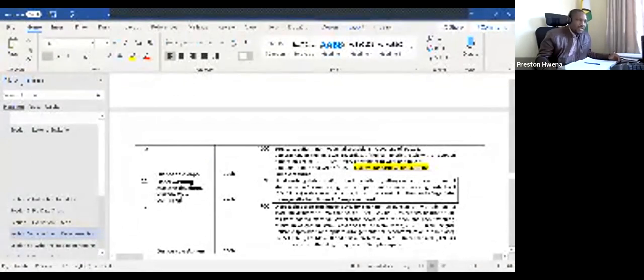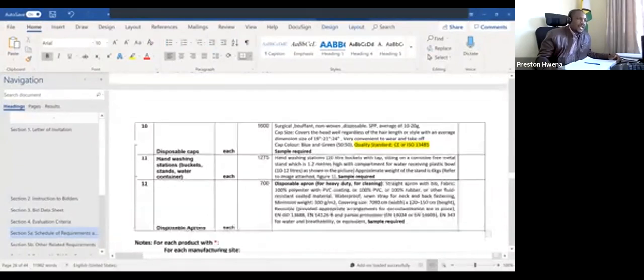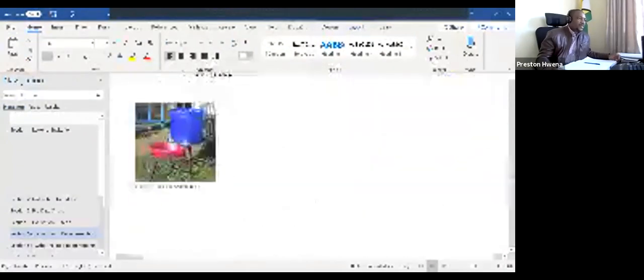So all the detailed descriptions are here, where we are saying the water container is just like a plastic barrel, 10 to 12 liters, as shown in the picture. There's a picture, we have also attached the picture. This is the picture of the hand washing station.